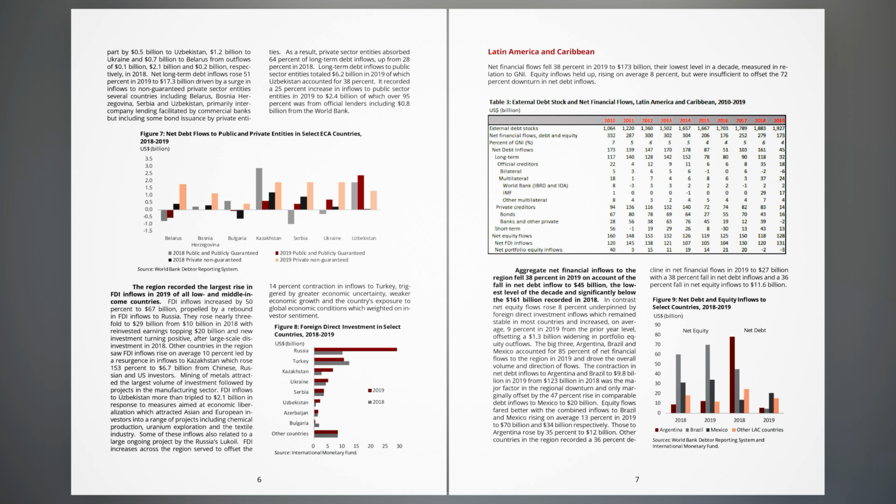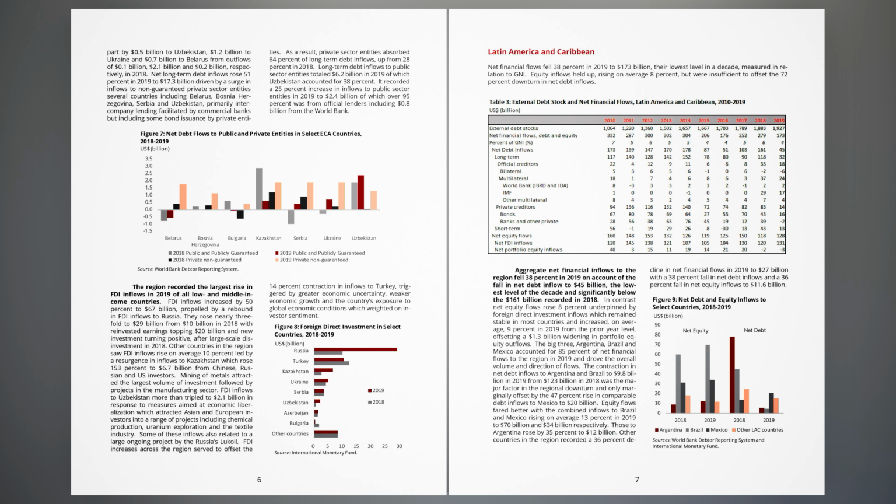Net long-term debt inflows rose 51% in 2019 to $17.3 billion, driven by a surge in inflows to non-guaranteed private sector entities in several countries including Belarus, Bosnia-Herzegovina, Serbia and Uzbekistan, primarily intercompany lending facilitated by commercial banks but including some bond issuance by private entities. As a result, private sector entities absorbed 64% of long-term debt inflows, up from 28% in 2018.